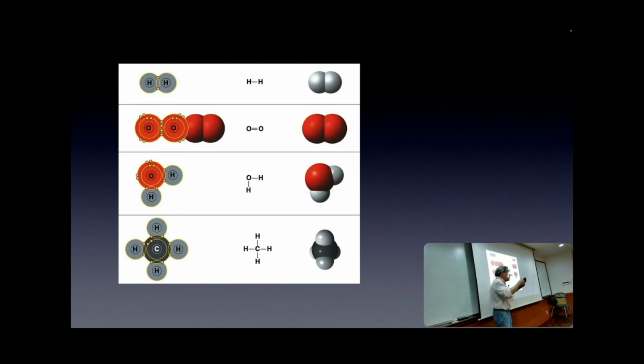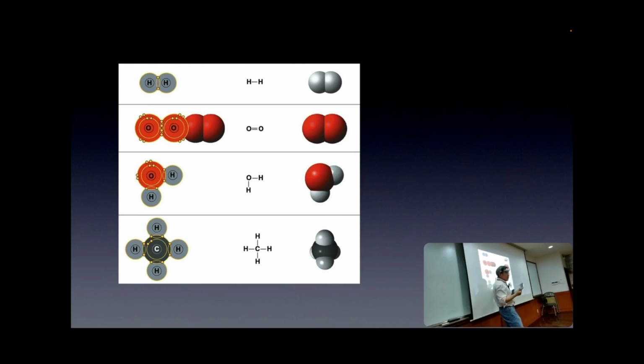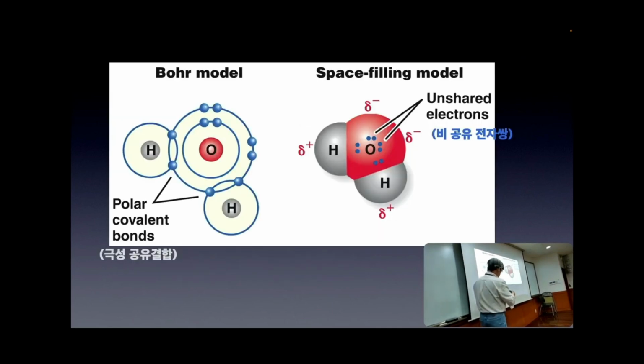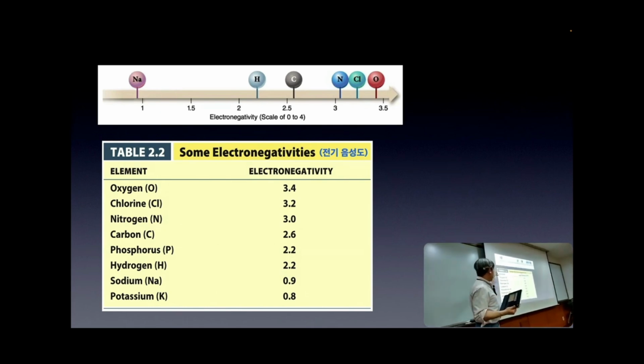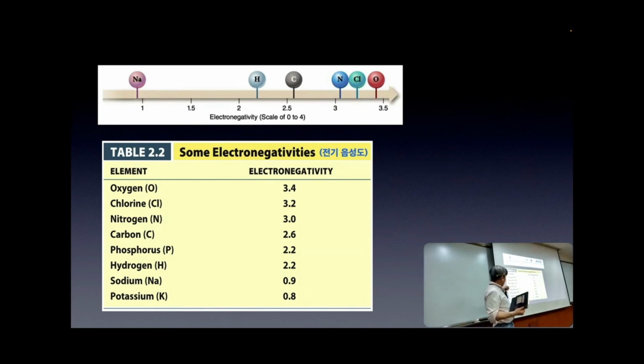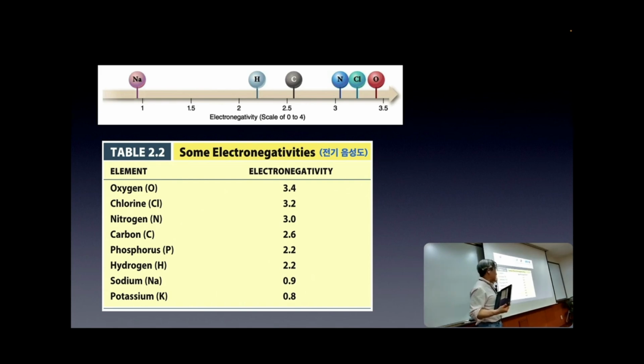As a proper term, we call it electronegativity, as I say over here. This is a table listing different electronegativities. In our biology system, the only 2 elements that we need to worry about are oxygen and nitrogen.